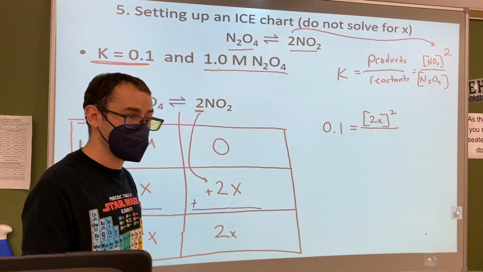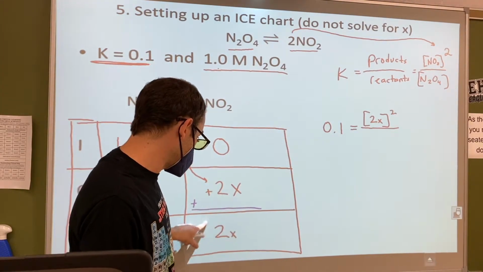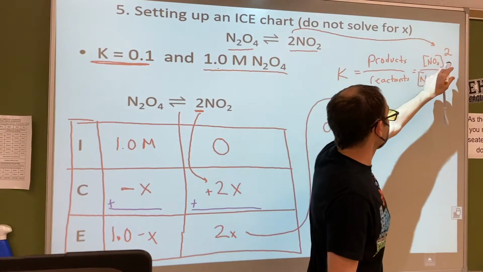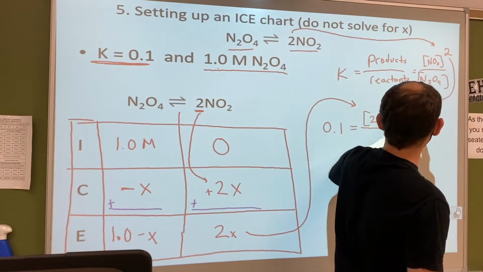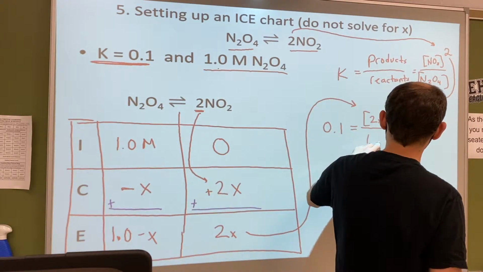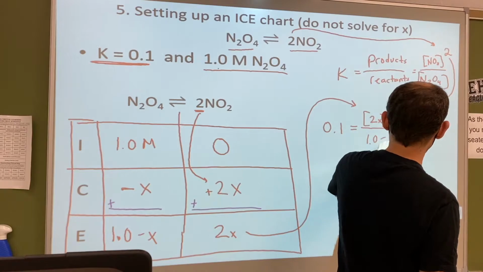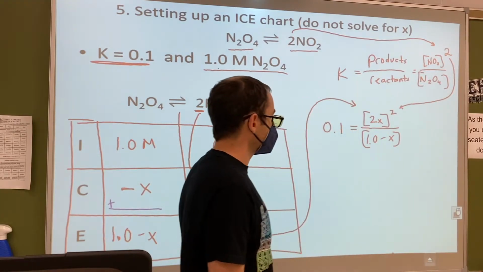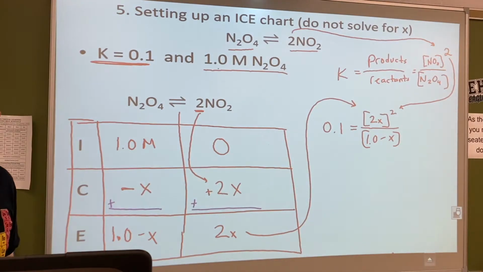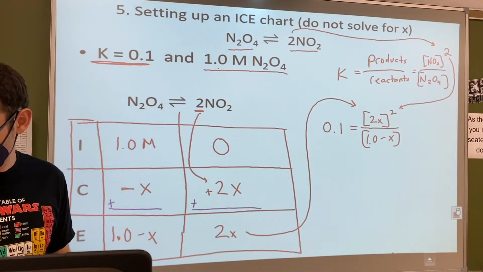I know it's getting a little heavy, but the 2x is from the chart. The 2 is just from here. And then the bottom one is just 1.0 minus x, like that. Okay. Any questions with that?